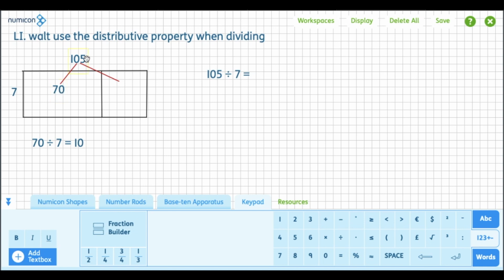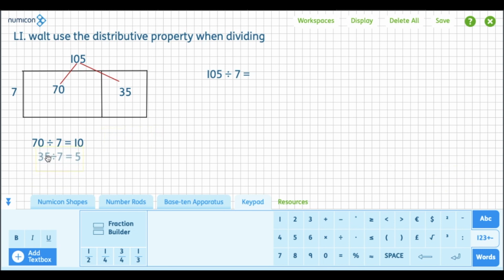I don't like taking away, so I would count on. I'd count on to 100 would be 30, and then another 5 would be 35. So I have 35 extra stewards here. And then all I have to do is divide that one as well. So then I have 35 divided by 7 equals 5.